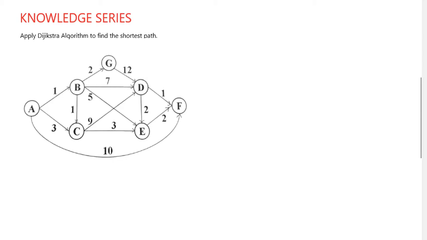By seeing this figure, one cannot easily predict exactly which is the shortest path. But by seeing the figure, one will feel that A to F is the shortest path. But whether A to F is actually the shortest path or not, the solution will reflect. So we'll see how to solve this particular problem.